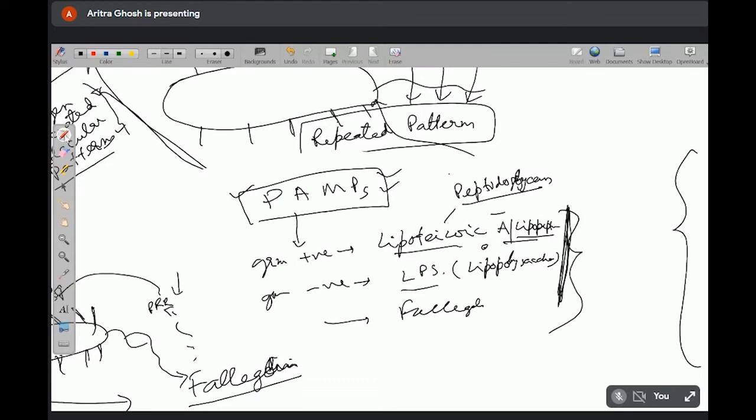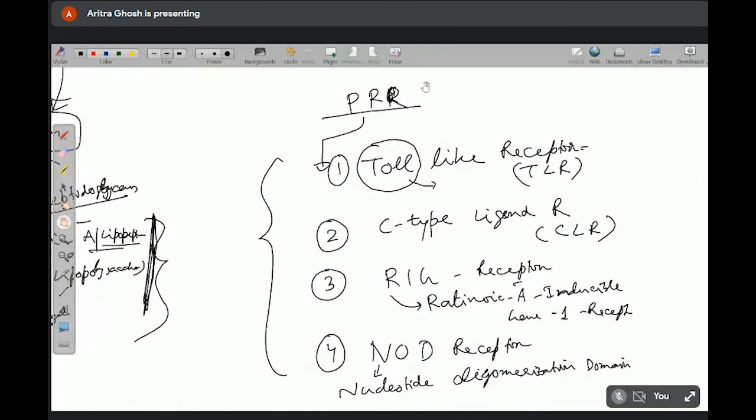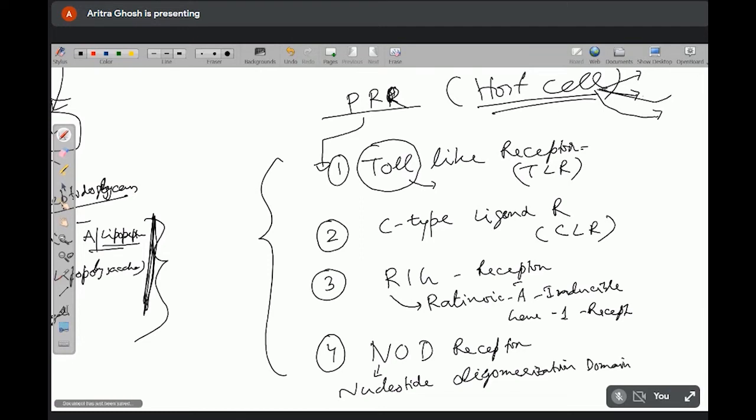These are present in the host cell. Does it make sense? Yes, sir. So in this way, our immune system is going to be activated after recognizing the bacteria.